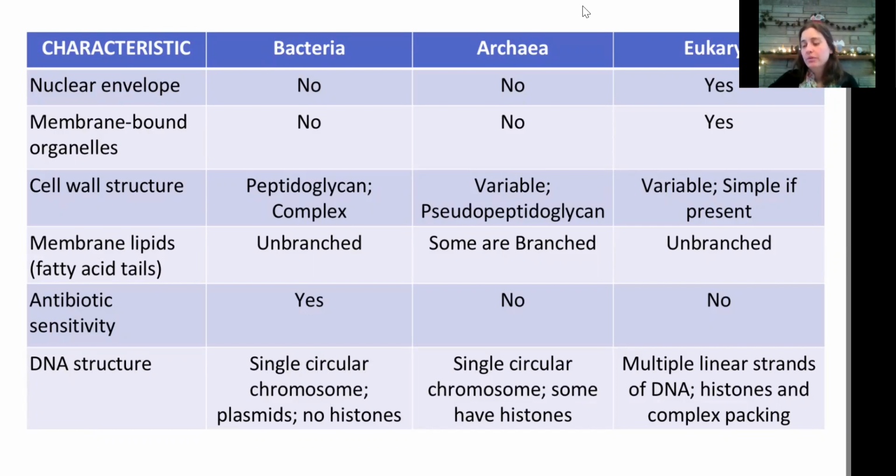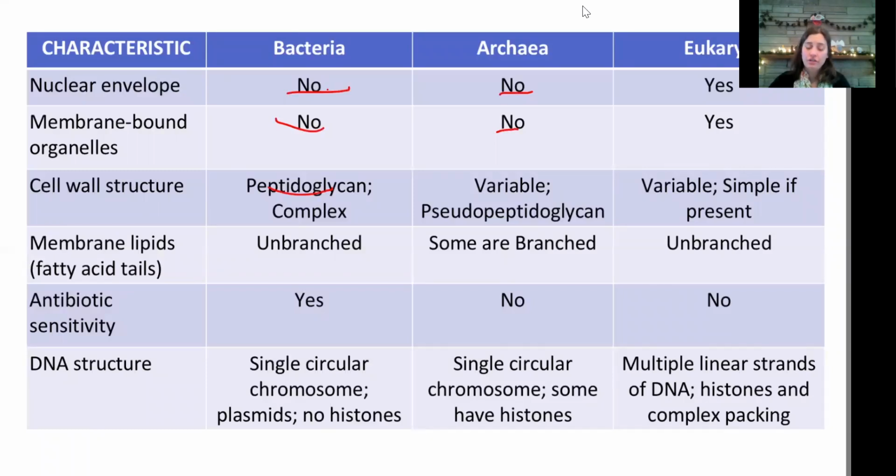So you can see it talks about nuclear envelope, and because you know that both bacteria and archaea are prokaryotic, neither of them have a nuclear envelope, and eukaryotic cells do. Sorry, trying to get my technology in order here. Neither bacteria or archaea have membrane-bound organelles. Their cell walls are made of peptidoglycan.